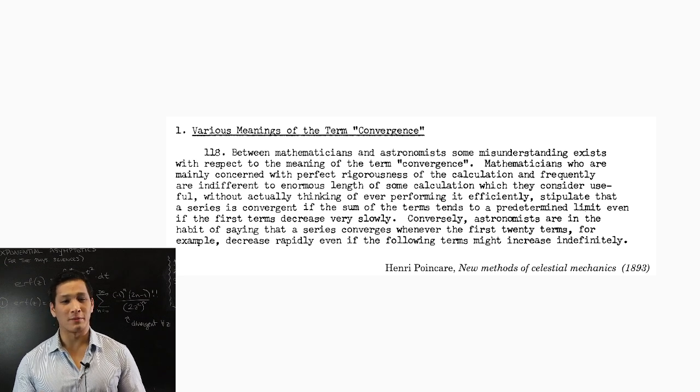Conversely, astronomers are in the habit of saying that a series converges whenever the first 20 terms, for example, decrease rapidly, even if the following terms increase indefinitely.